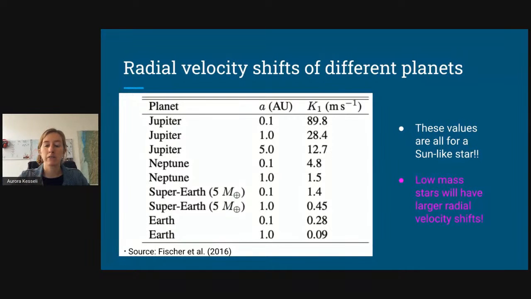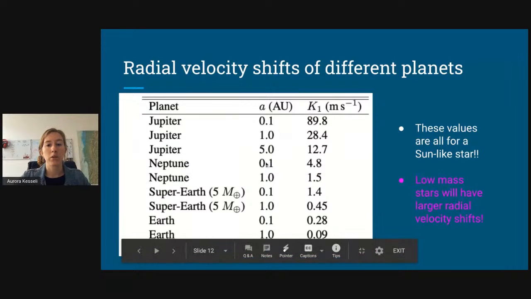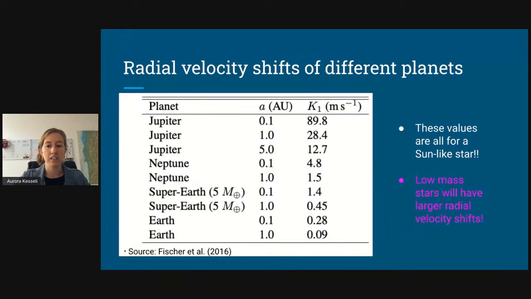If we want to detect a Neptune-sized planet, which is smaller in mass, even at 0.1 AU the star is only going to be shifted by about 4 to 5 meters per second.